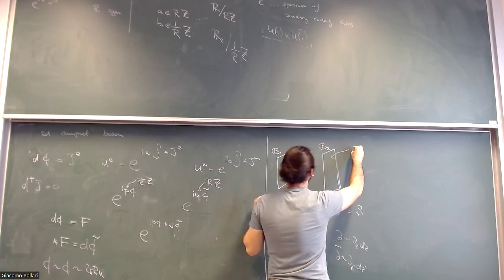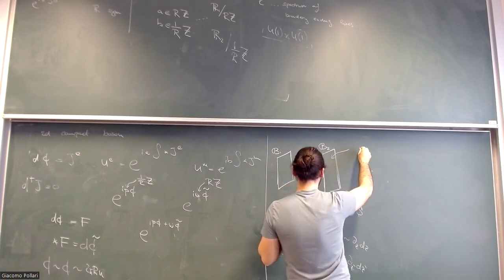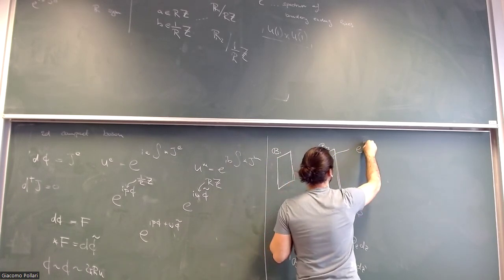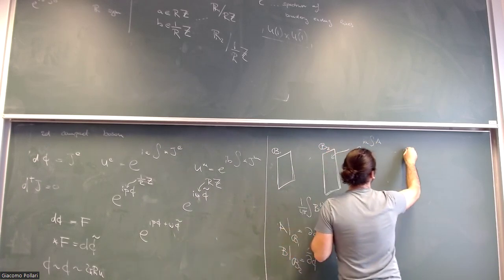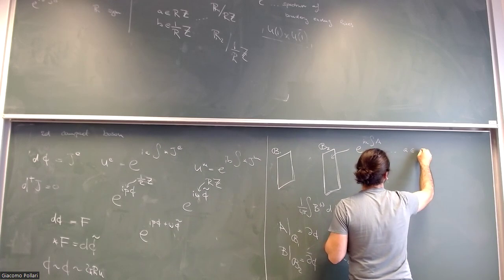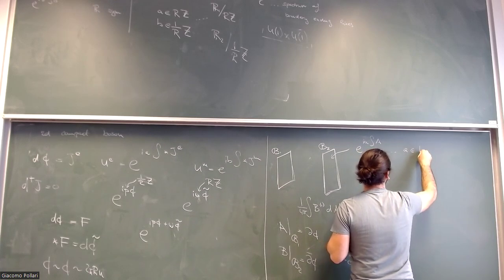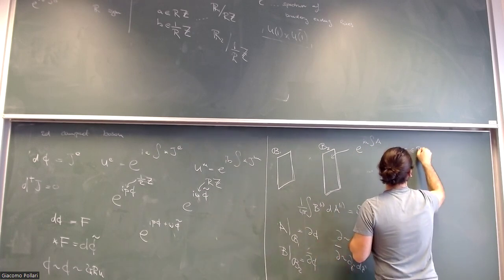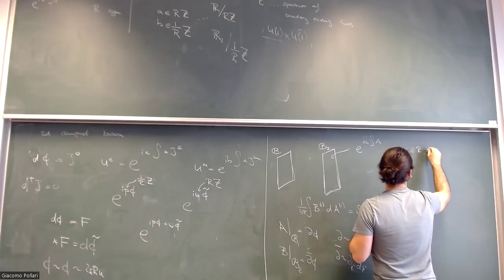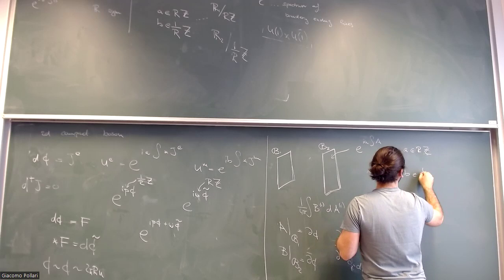I will put the boundary condition which will tell me that out of these lines I only take the A in one line, and B one.